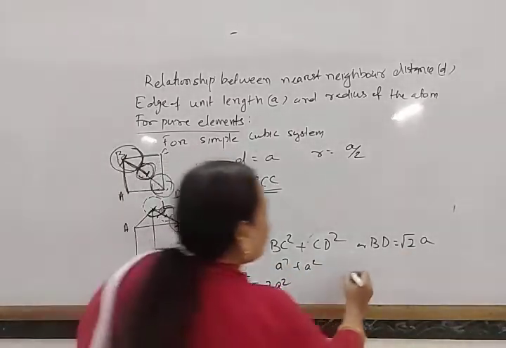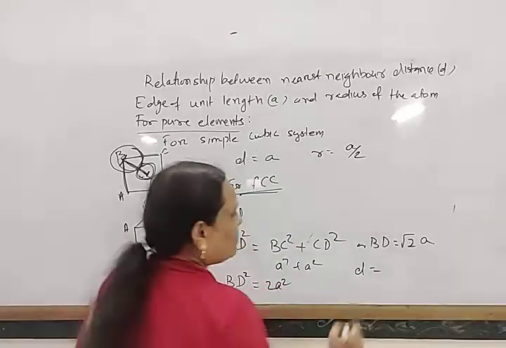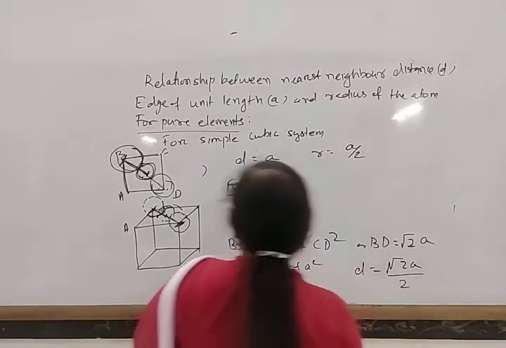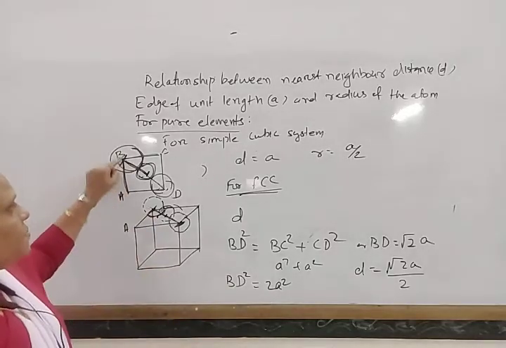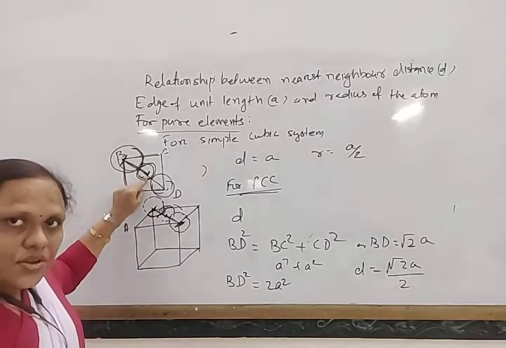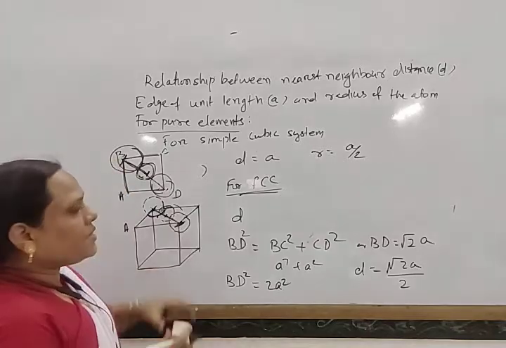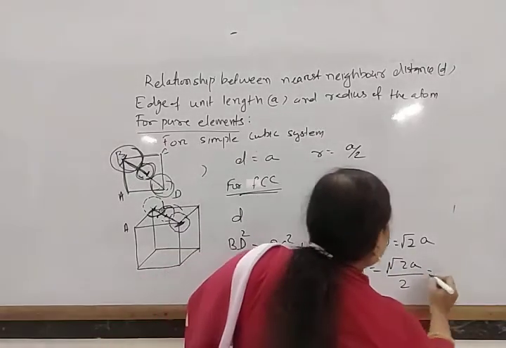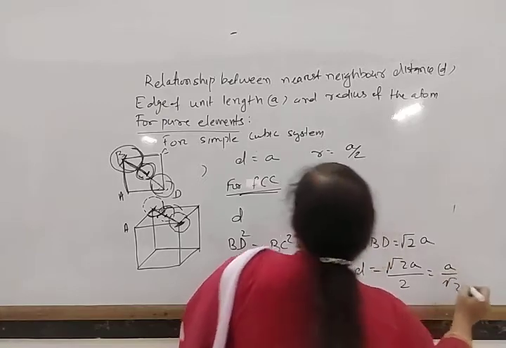Then what is the nearest neighbor? The nearest neighbor is root 2 A by 2. So from this to this is the nearest neighbor distance. In this way, D equals root 2 A by 2, or I can write A by root 2.